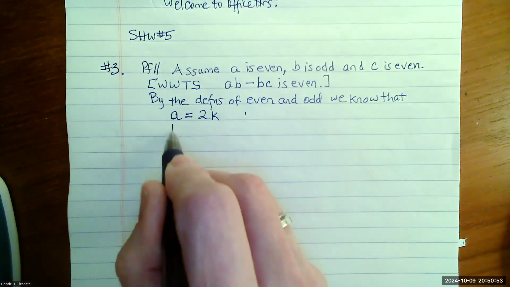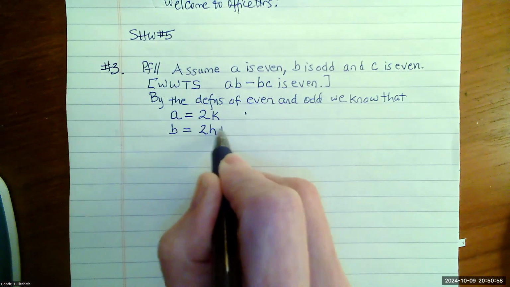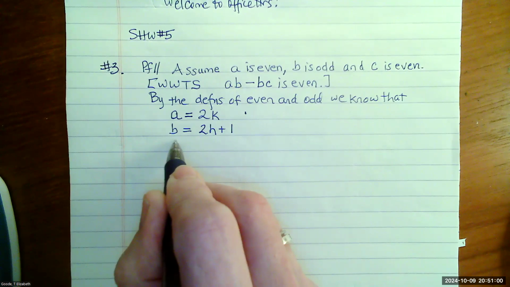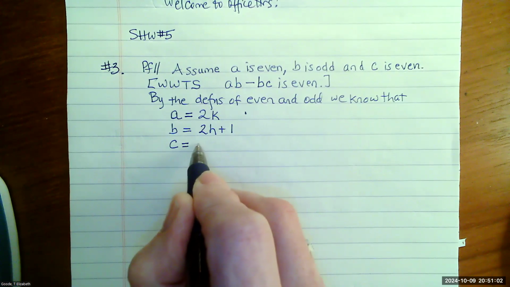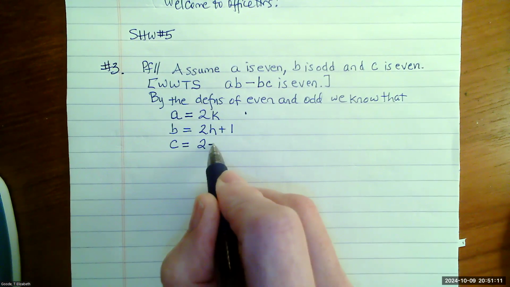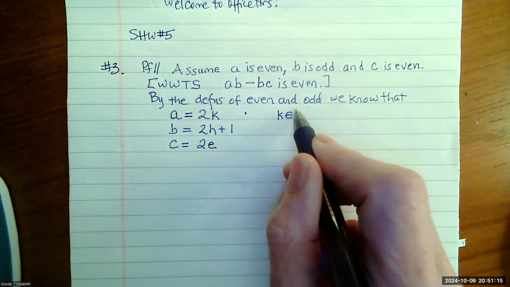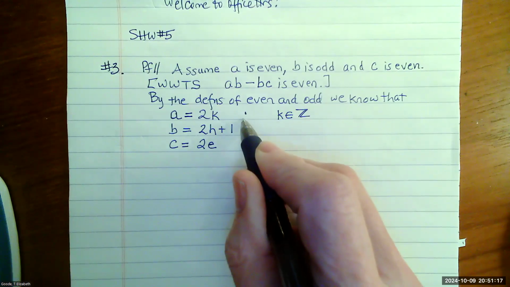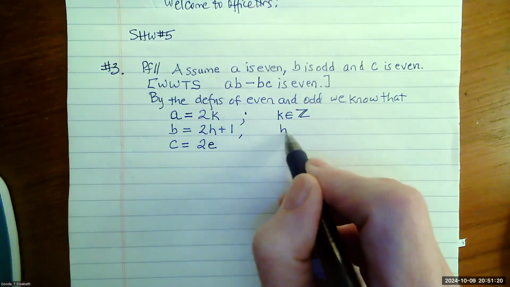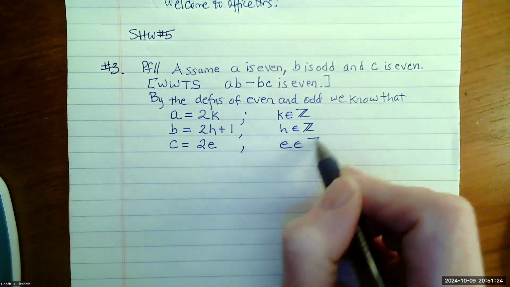B equals 2h plus 1. And C equals 2e. Let's not use B, but can we use E? Sure. And we got to say the second part of the definitions. K is an integer, H is an integer, and E is an integer.